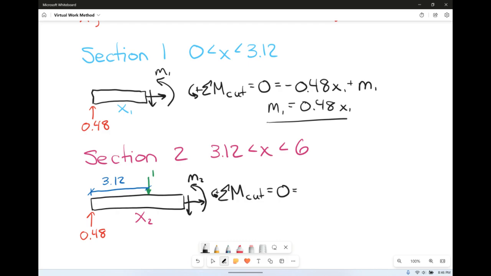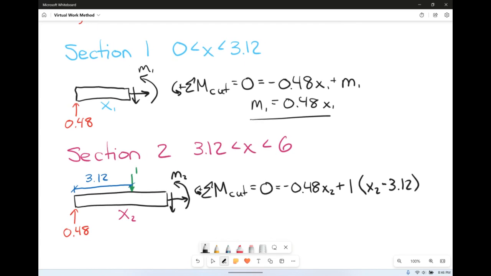So again, left to right, we have negative 0.48 times x2, plus we have 1 times its distance. Its distance is x2 minus 3.12. Then don't forget we also have little m2.